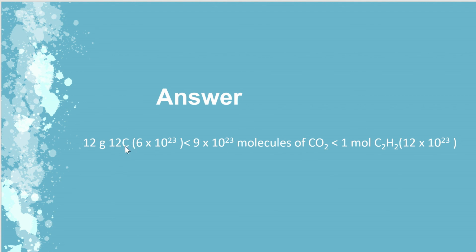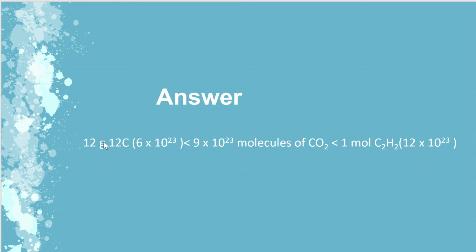This is saying that it's carbon 12, that isotope, right? And here we have 1 mole of ethane, but here, even though it's 1 mole, we have 2 carbons, right? So it would be 2 times 6 here, which would be 12 times 10 to the 23, right? I hope that is clear.